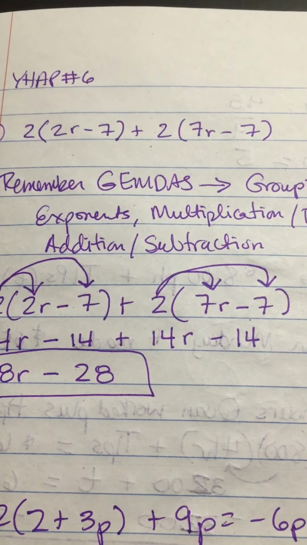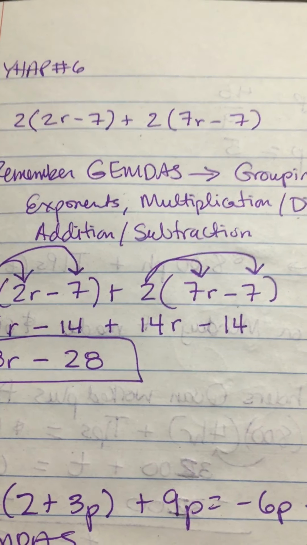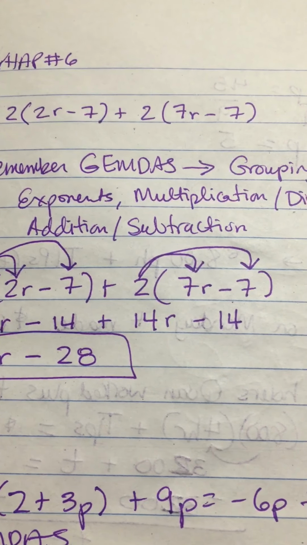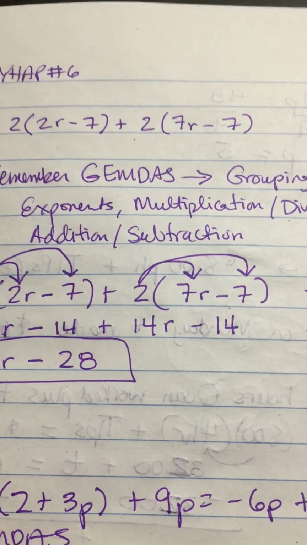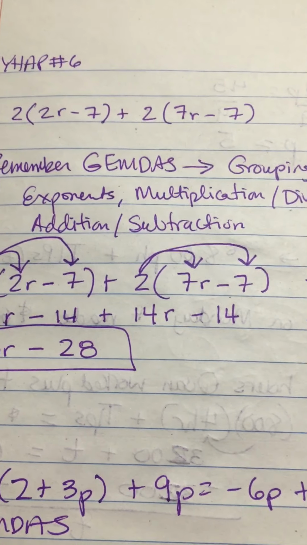So remember GEMDAS. I know some of you like to use PEMDAS, but for more advanced math problems, especially at the high school level, you need to remember that you will be approached with more than just parentheses.